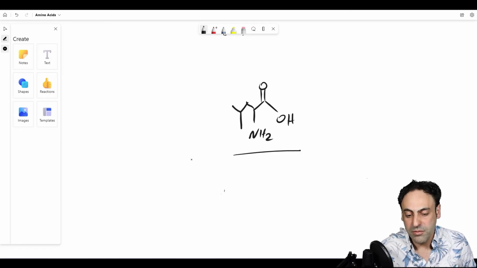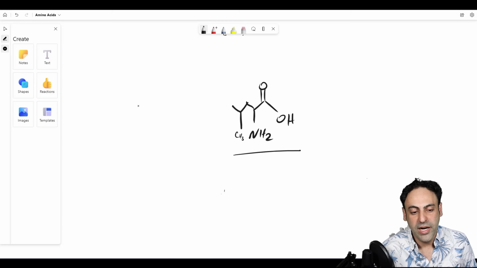The only difference between leucine and isoleucine is that this methyl group from here is going to move up to here. So we're going to have the carboxyl group right here, and then NH2, the same thing.